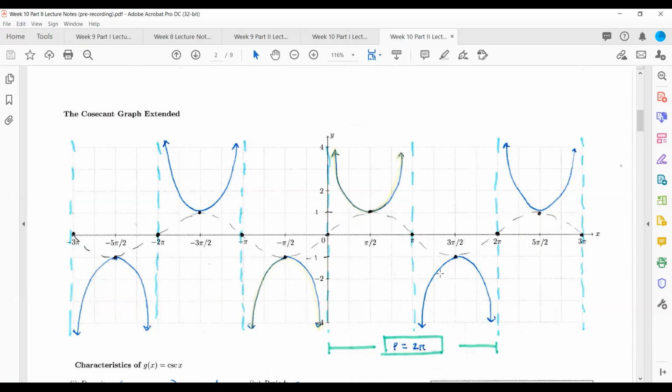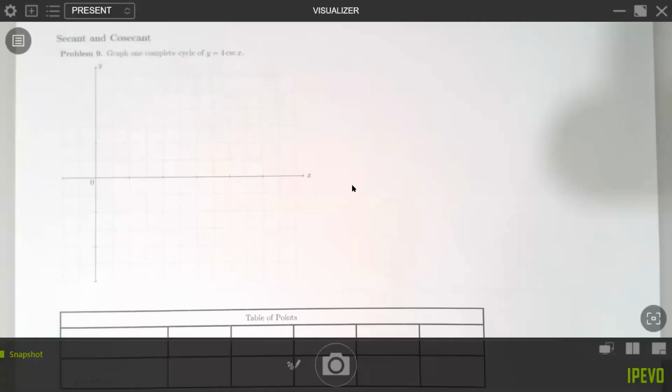And so the trick here was really just knowing what the sine graph looks like, and then based on that, drawing cosecant. So we're going to use that same idea by considering the reference graph to be for sine of x and worry about graphing that and using it to graph for cosecant x. Okay.